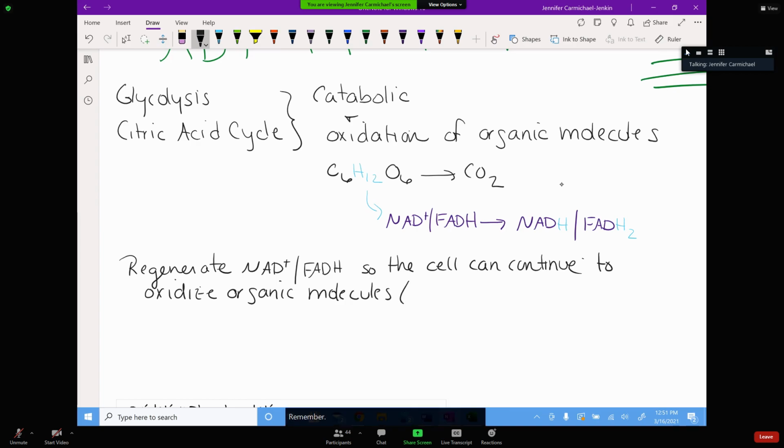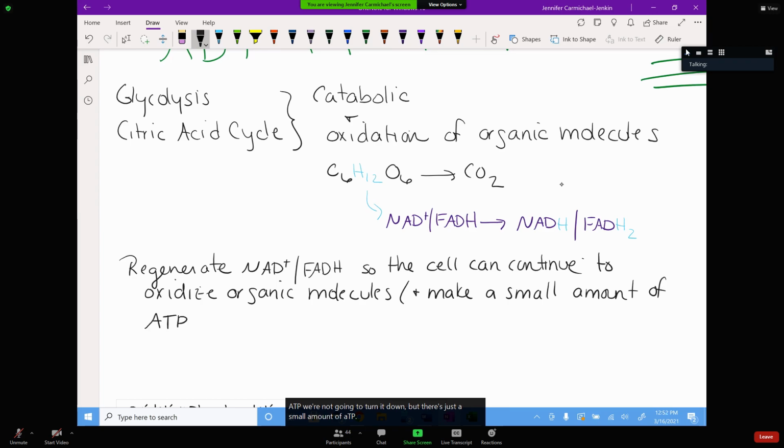And remember, they make a small amount of ATP. Still ATP, we're not going to turn it down, but it's just a small amount. So we need to continue those catabolic processes, and the only way a cell can continue that is if it gets rid of the hydrogens to go back and make more NAD+, so they can do it over and over again.